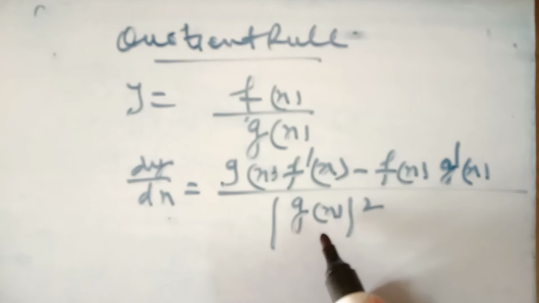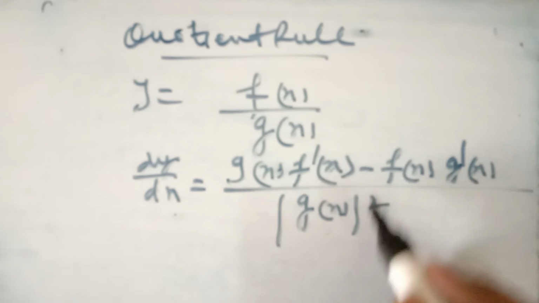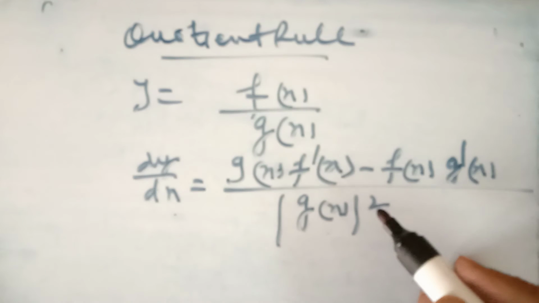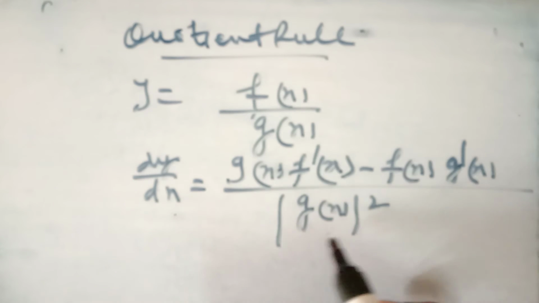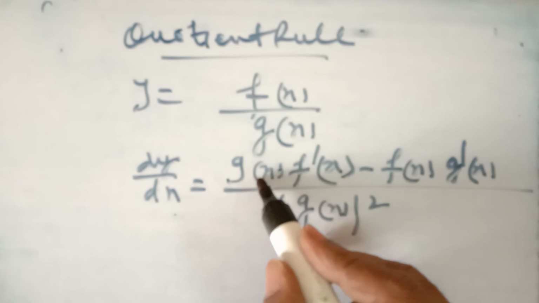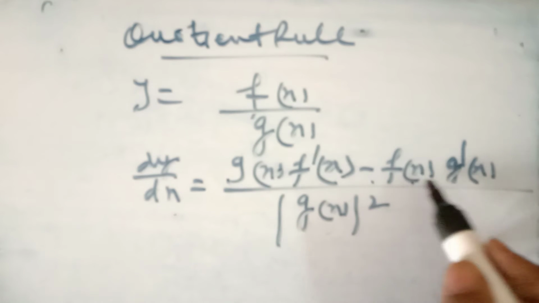This is the quotient rule for the quotient of two functions. You can also find this formula by using the first principle. You try it yourself. So d/dx for the quotient rule is: square of the denominator below, and above, denominator times derivative of the numerator minus numerator times derivative of the denominator.